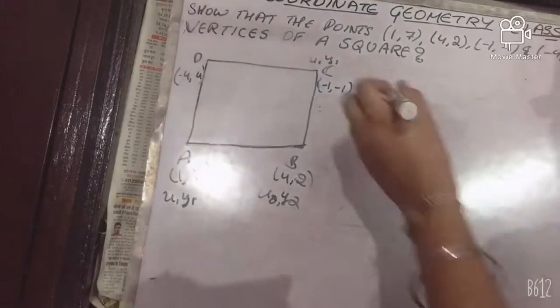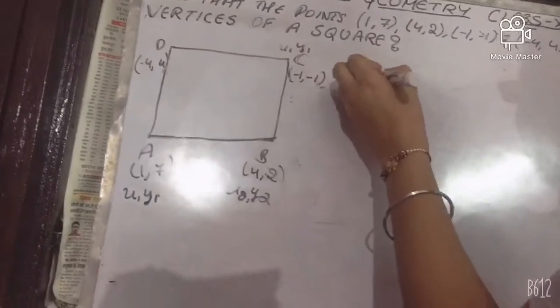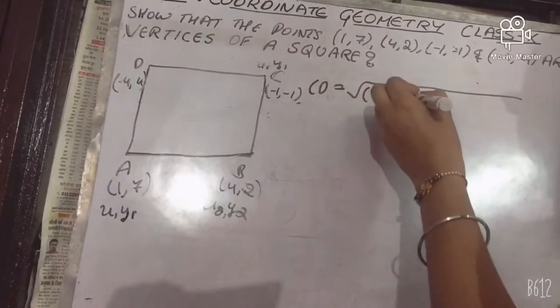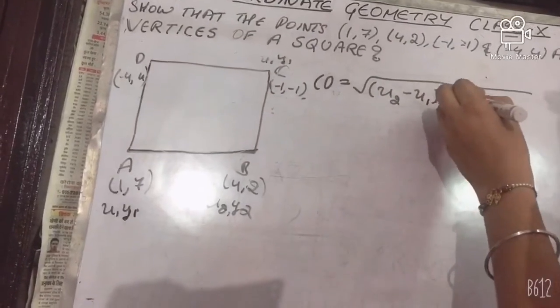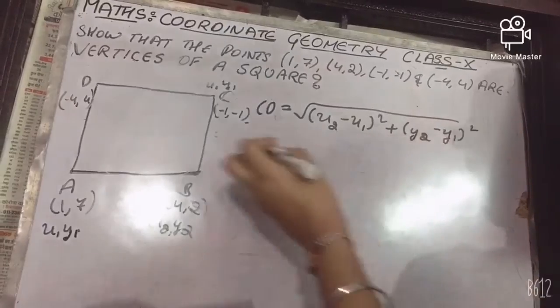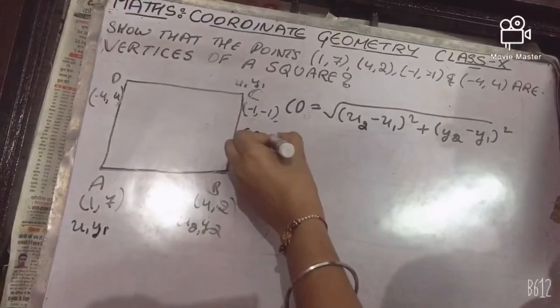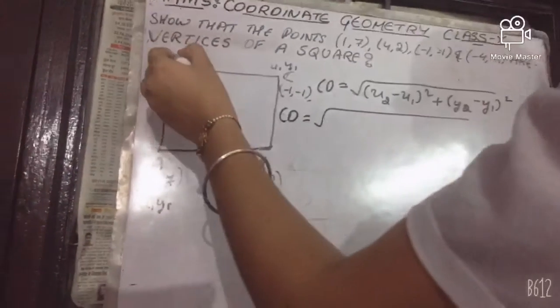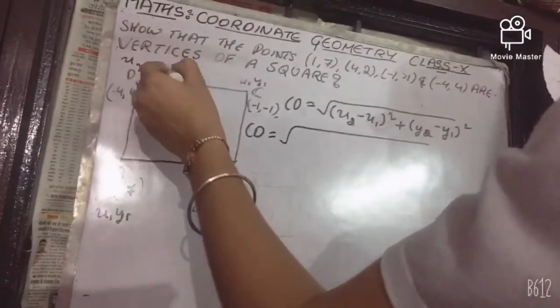This of say D. So for CD also we will write again the formula. This is the formula. Now CD root, this is already, and this I will let x2 by 2.